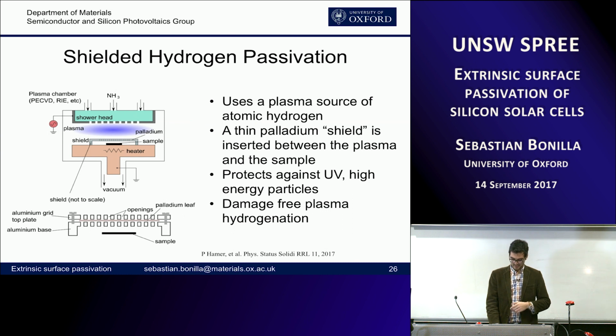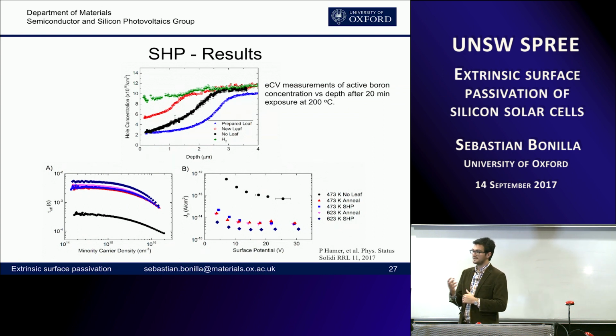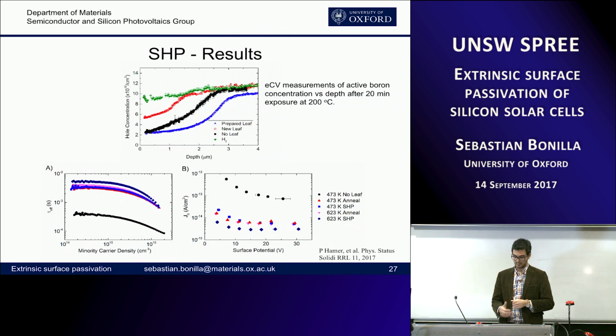So using this, we proved that actually we could produce some hydrogenation of silicon that was damage-free from the plasma. To test that we actually had some hydrogen in our structures, we did ECV of very heavily boron-doped samples, and we can see that we could passivate, or inactivate, or cancel the electrical activity of boron near the surface, and we could vary this as a function of time.